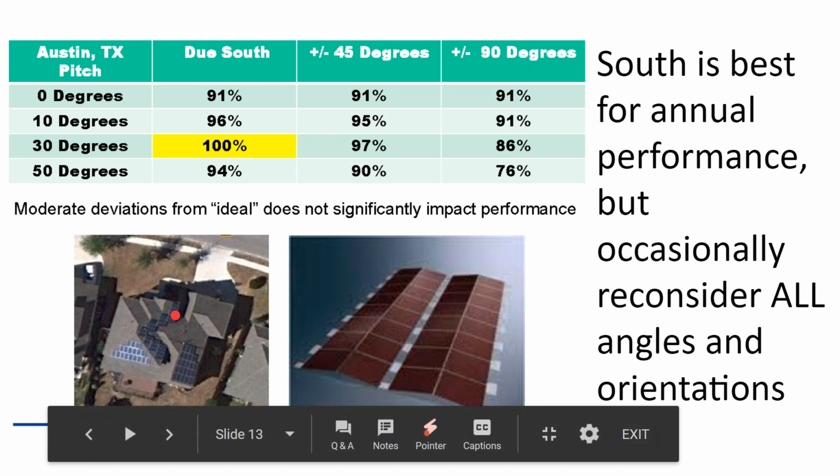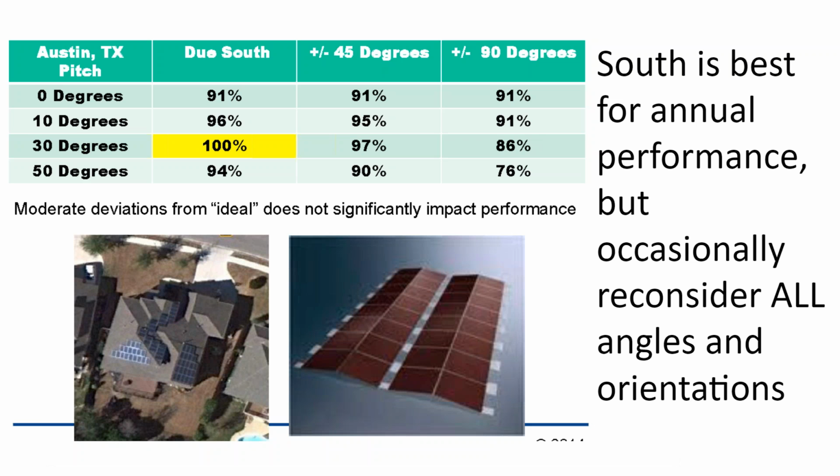Some might even argue that going all the way to a north-facing array can be justified depending on your installation price and your cost of electricity. The fact of the matter is, if I'm already up on the rooftop installing a dozen solar panels, moving on to the next roof surface and installing a dozen more solar panels is not going to double my project cost. I just double my solar panel price and I double my direct labor price, and then maybe I make a little bit more money off the project, but it's not doubling every single item.